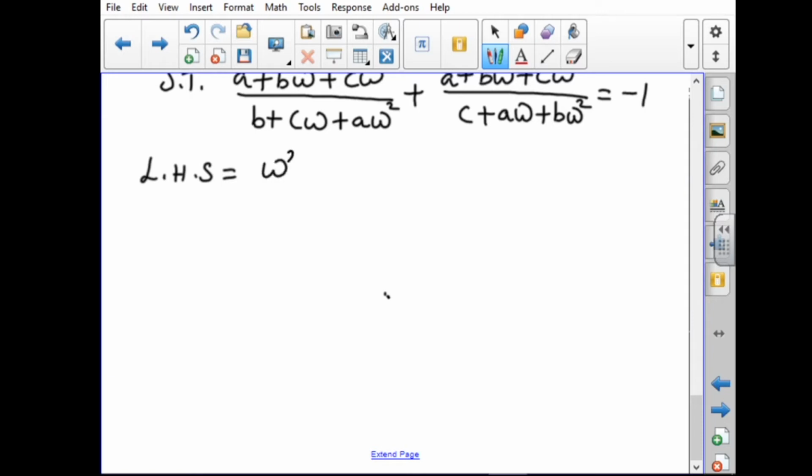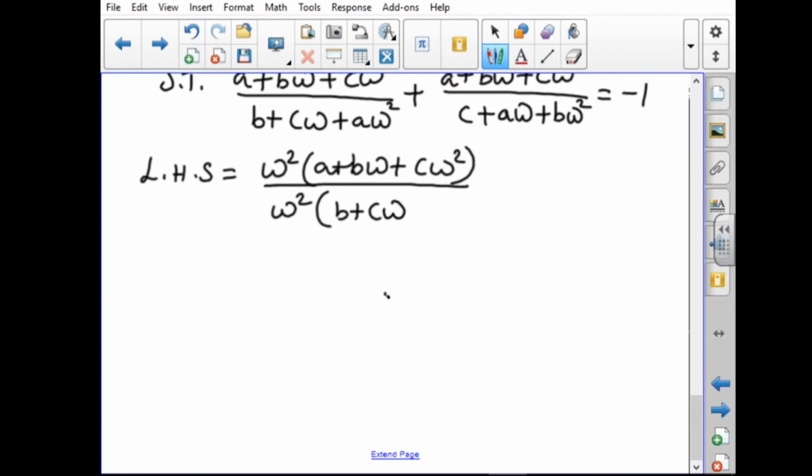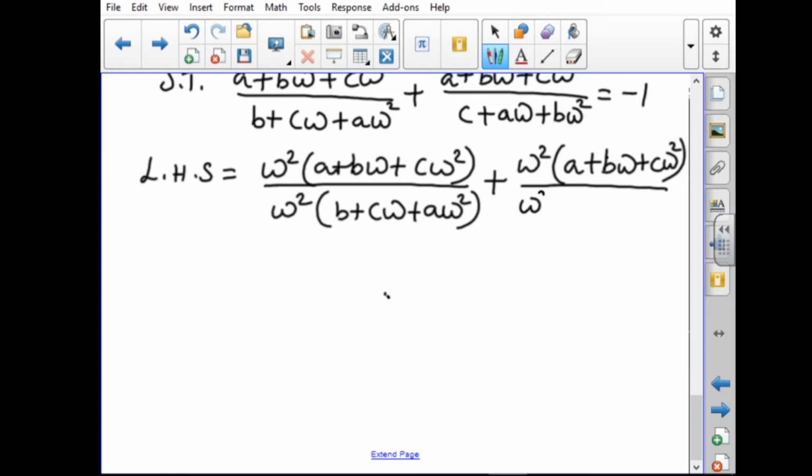So omega square into (a + b omega + c omega square) divided by omega square into (b + c omega + a omega square), plus again we are going to multiply this term with omega square, (a + b omega + c omega square) divided by omega square into (c + a omega + b omega square).